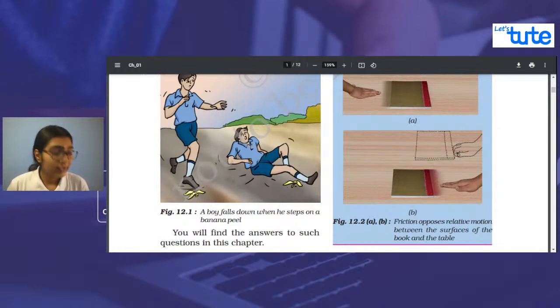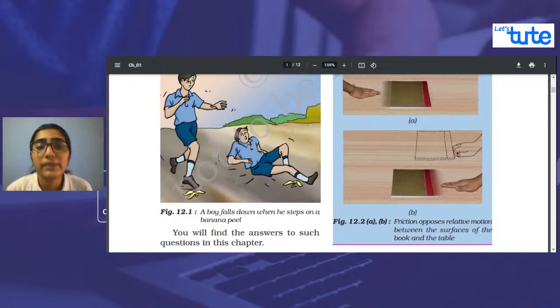In fact, that's what happens when you step on a banana peel. The friction between the ground and you is completely gone, and because of no friction, the person can slip. So that is the concept about friction.